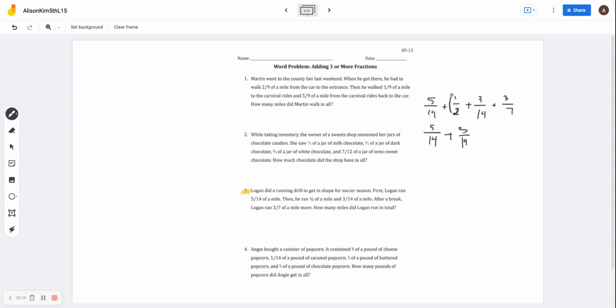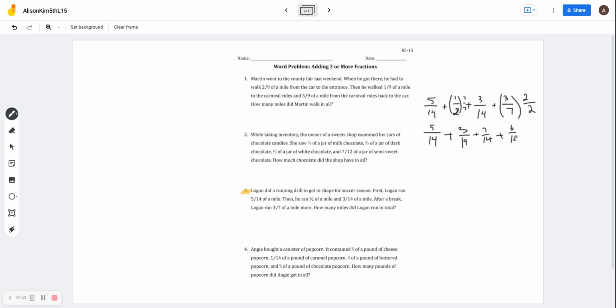So for the half, we have to multiply it by 7/7. And then for the 3/7, we're going to have to multiply by 2/2. So half times 7/7 will be 7/14. And then 3/7 times 2/2 will give you 6/14.